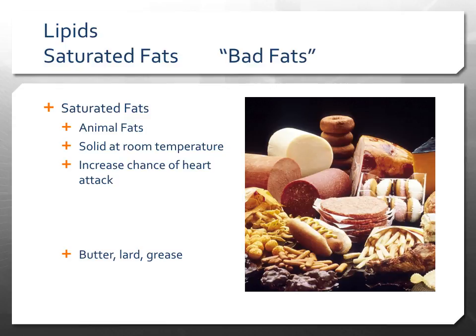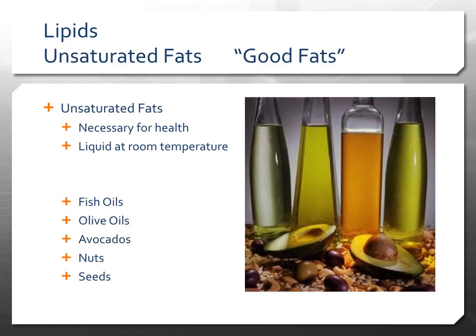When you eat things like butter, lard, and grease, when you eat things like cheese and bologna, and fried meat and hot dogs, and French fries, which were fried in grease, and potato chips, which were fried in oil, these animal fats get stuck to your arteries and they increase your chance of a heart attack. So you want to limit or stay away from these bad fats and eat plenty of good fats.